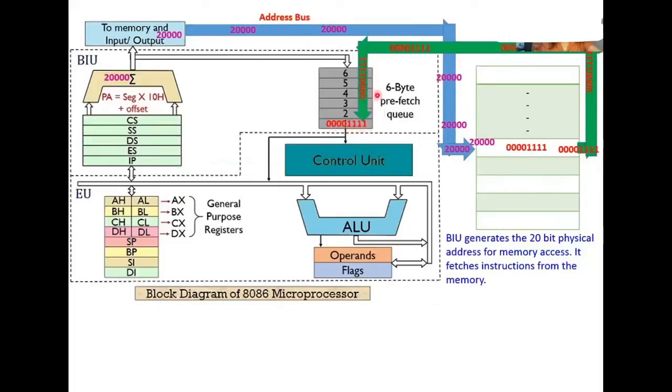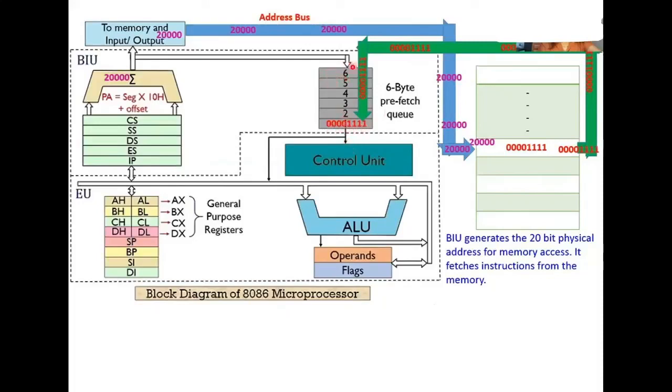This is called instruction queue, prefetch queue. 6 bytes the processor BIU can keep in this instruction queue, right? So now the first information is waiting here for processing, right?